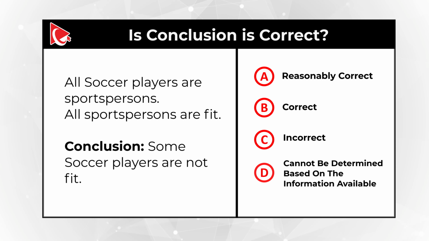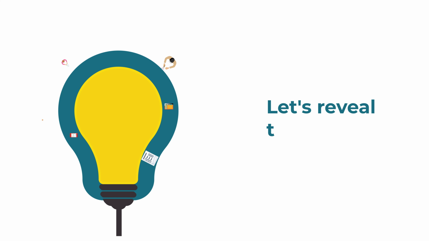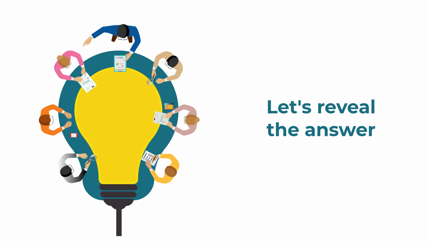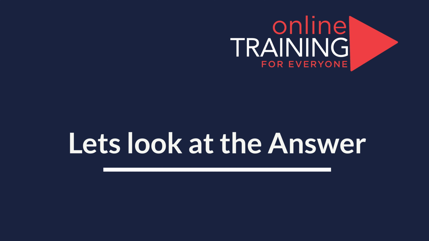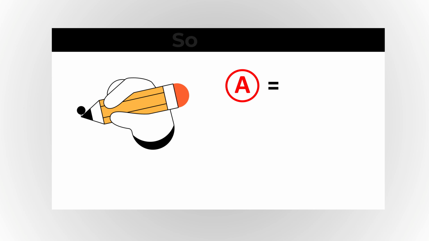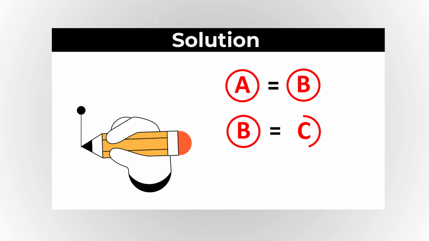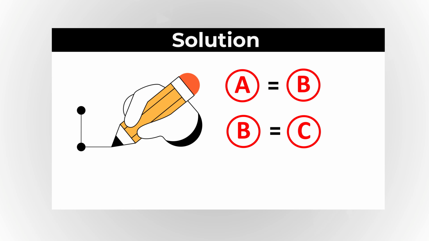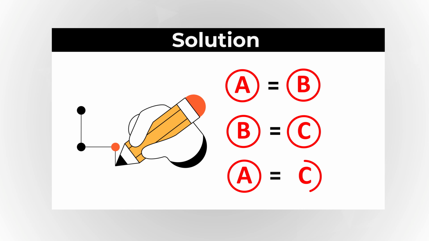Do you think you know the answer? Give yourself a little bit of time, maybe pause this video and take another look at the statements and at the question itself. Ready or not, I'm going to move forward and reveal the solution. As you might be well aware, in the logical world, there is a formula. If A equals B and B equals C, then you can reasonably conclude that A equals C as well.